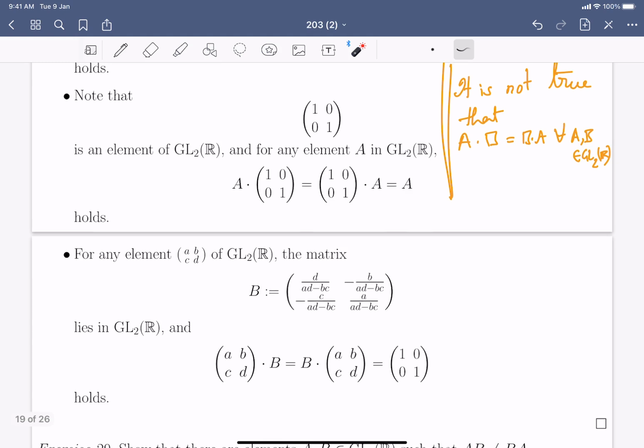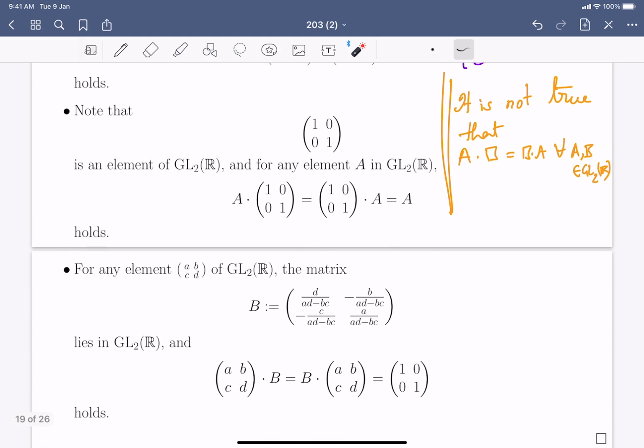This is not true. So what does this mean?